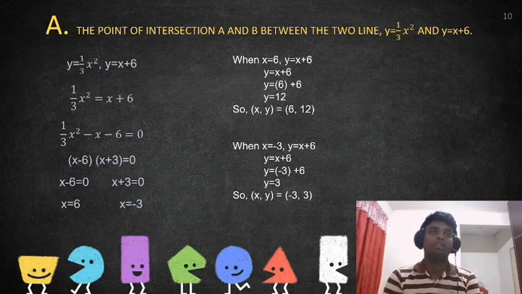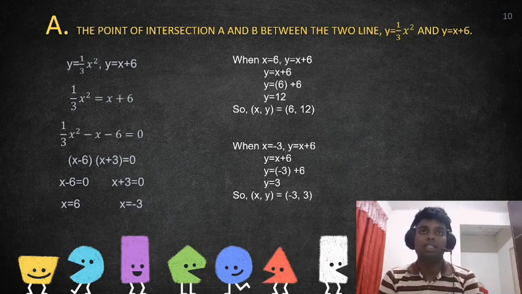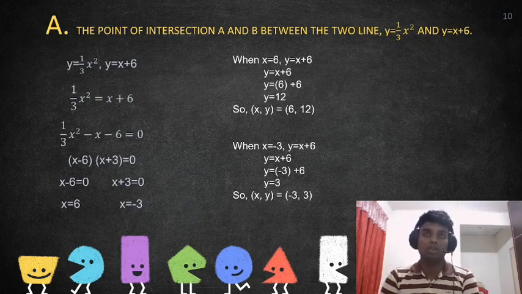It doesn't matter, you substitute it in each one of the equations. So when you substitute x equals 6, you will get y equals 12. So we get the first coordinate of the point of intersection, which is 6, 12.